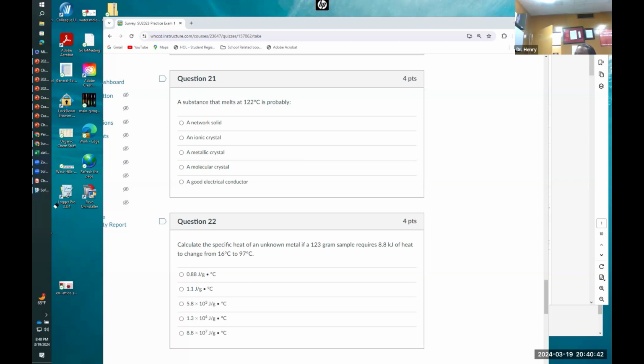Okay, so you guys haven't really talked about this. So if you get this question, I'm going to give you a freebie. And so the answer in this case would be a molecular crystal.